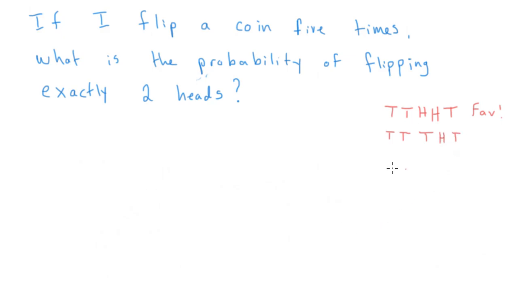This particular sequence of flips is not favorable because, well, there weren't exactly 2 heads. Okay. So again, the question is the same. What's the probability of this event? What's the probability of flipping exactly 2 heads?